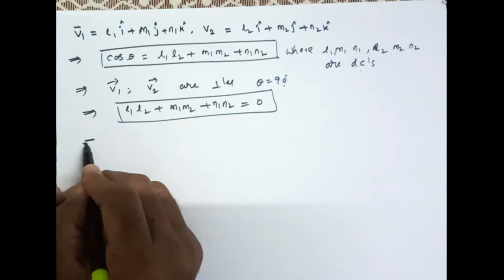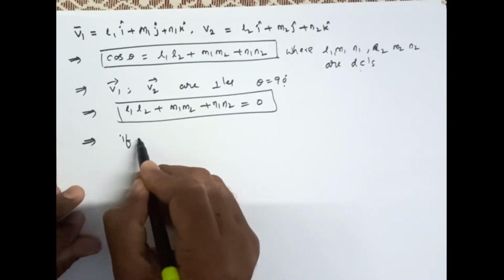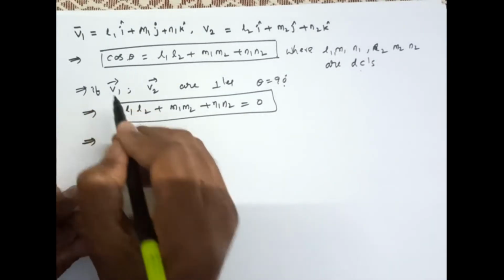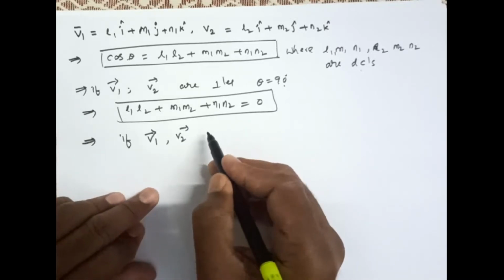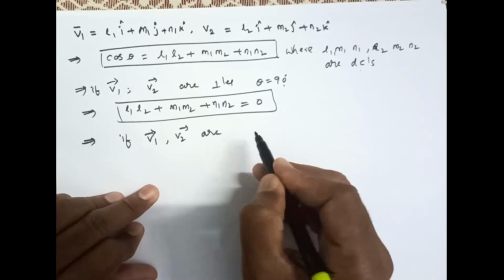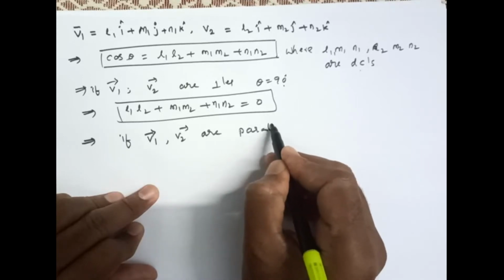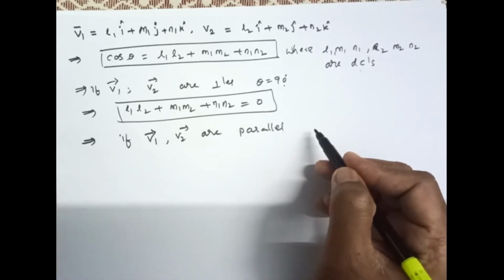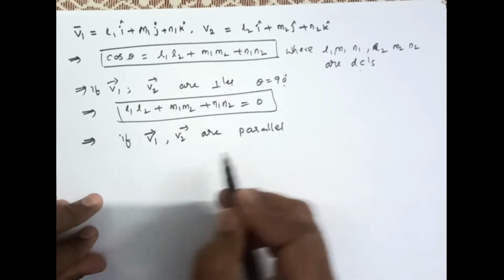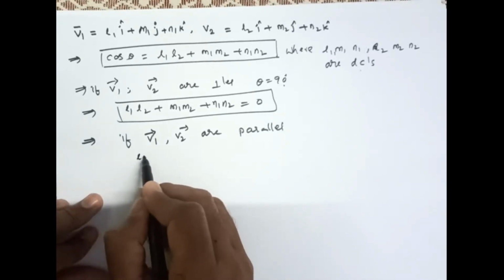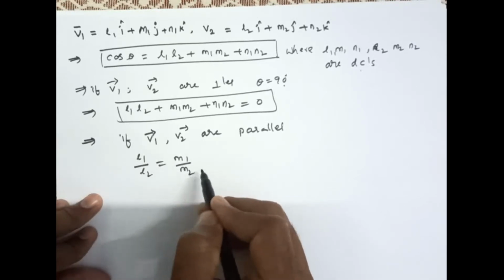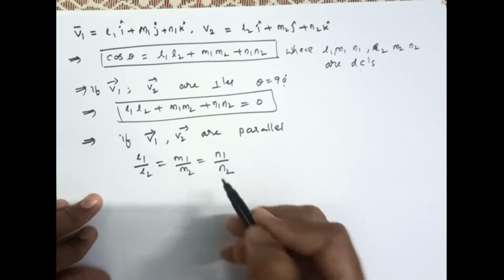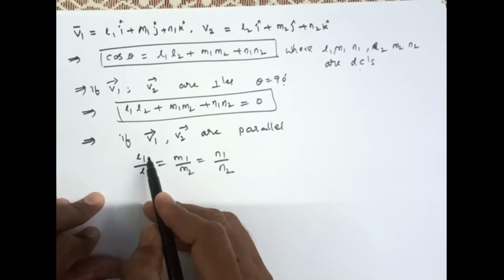Like this, if these two vectors v1 bar, v2 bar are parallel, then we have to compare the ijk coefficients. When they are parallel, the condition is L1 by L2 is equal to M1 by M2 is equal to N1 by N2.